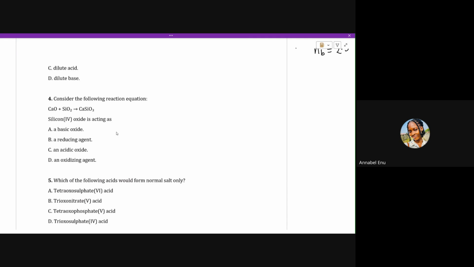It is number 4. Silicon oxide in this equation now is acting as what?